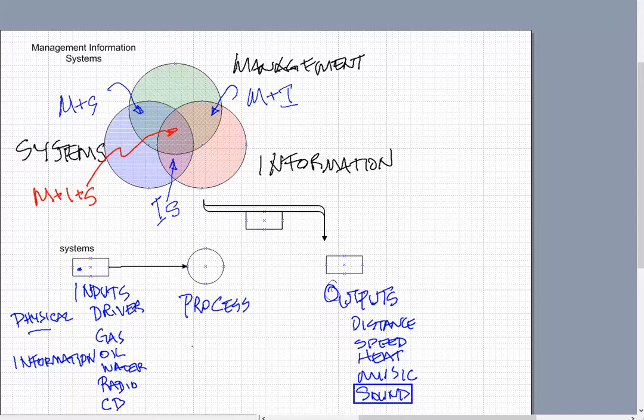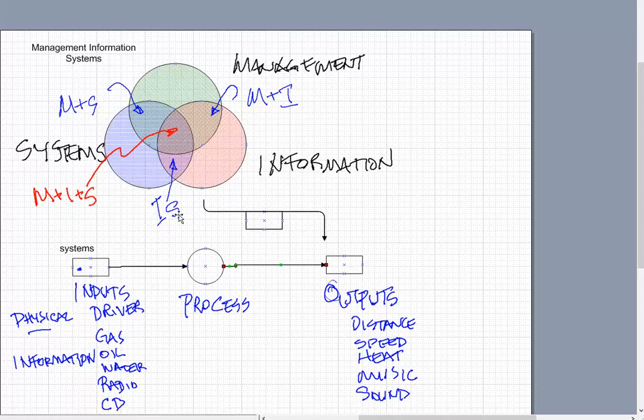So this whole idea is that a system is basically this process, where you start with specific inputs and you match them to outputs. Okay?